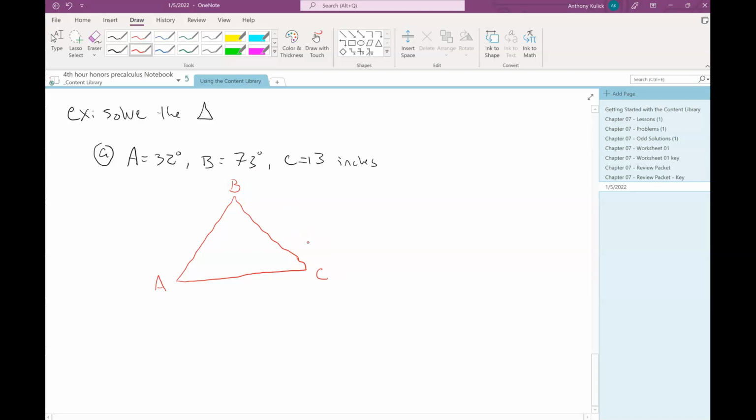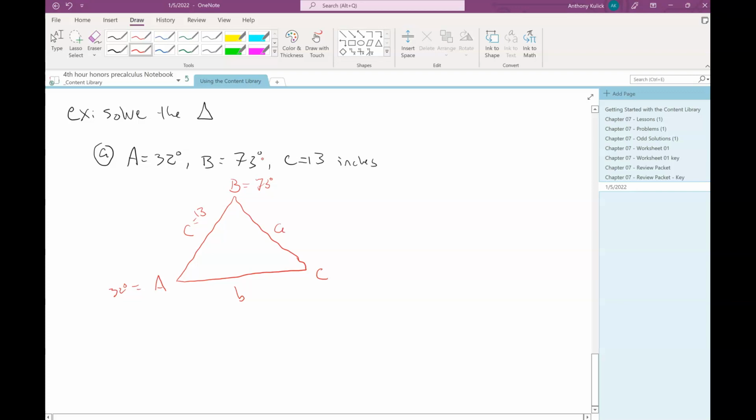The reason that I want to draw a picture here is because it's the easiest way for me to determine whether we're talking about an ASA or an SSA or a SAS or whatever situation. All right. So this is our picture, right? Everybody's cool with the picture we drew?